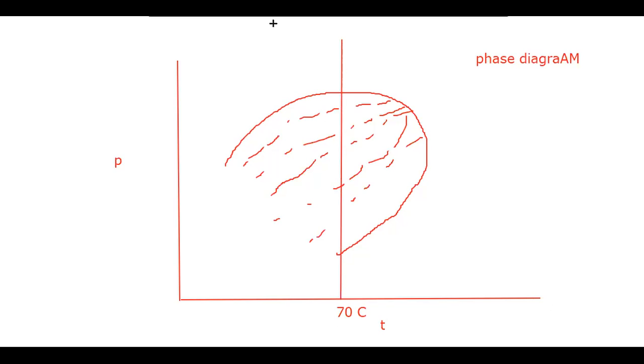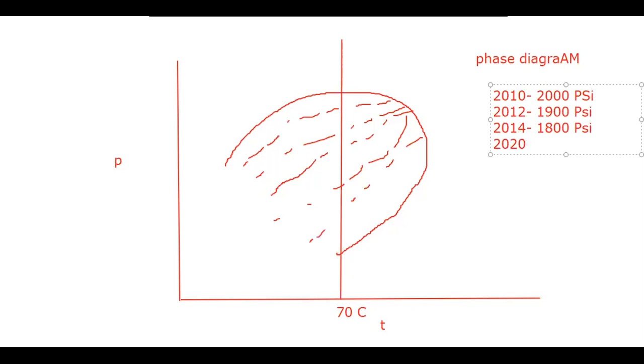As you know, for example, if you are producing from some reservoir in 2010, its pressure probably is 2000 psi. But for the same reservoir, if you're producing in 2012, the pressure may decline to 1900 psi. If you are producing in 2014, let's say, the pressure declined further to 1800 psi. Now we are producing in 2020, the pressure has declined to 1200. Now this 2000 psi, probably you can represent at this point.